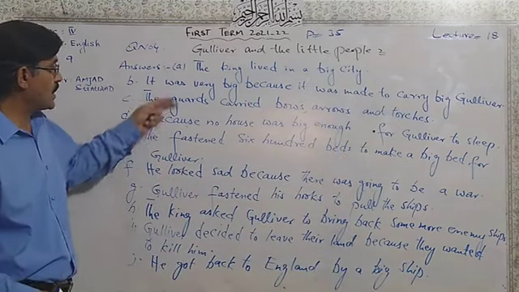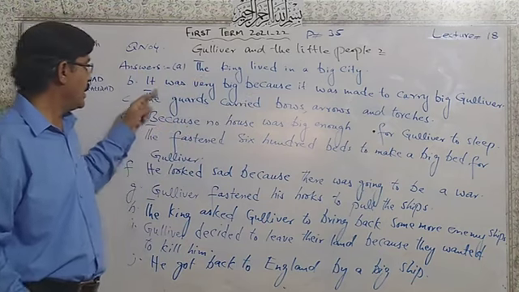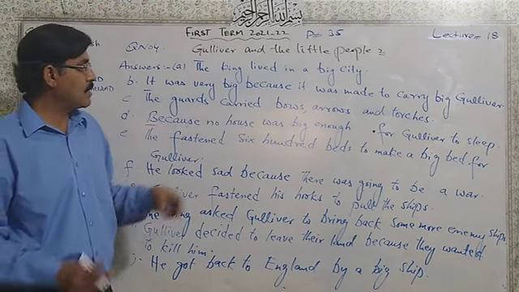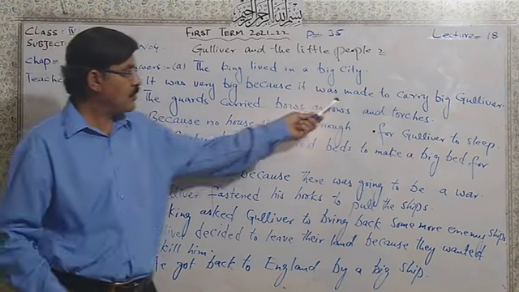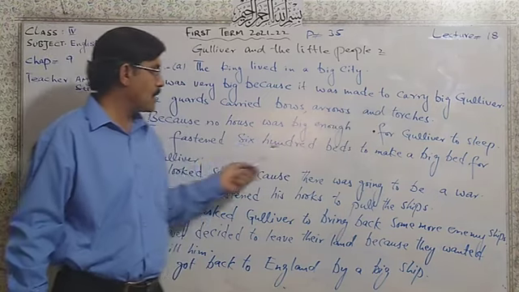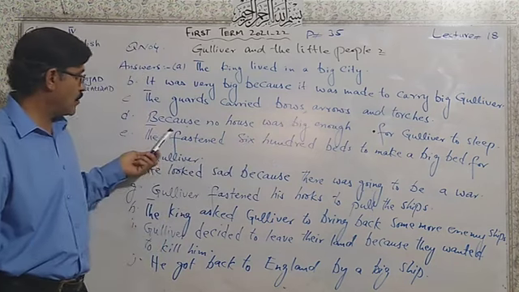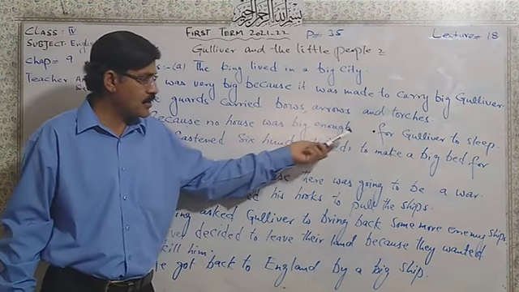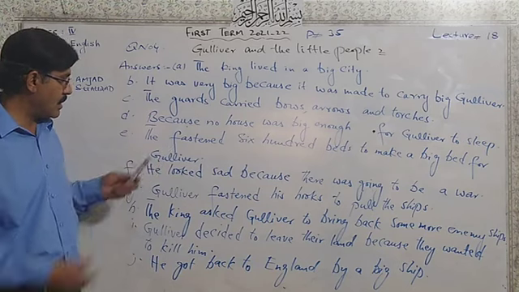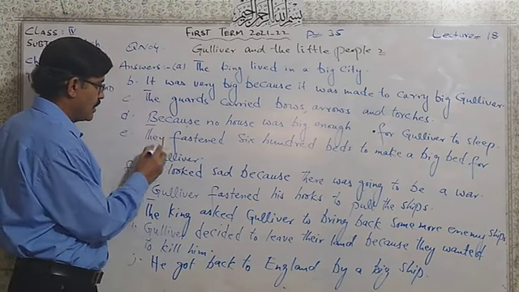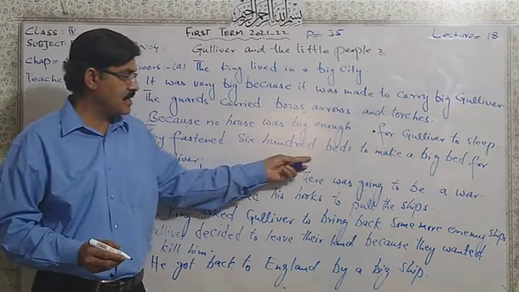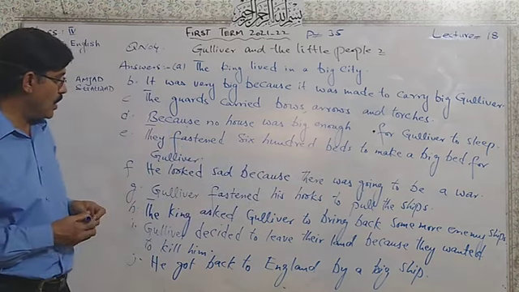Okay, dear students, read that one again. The king lived in a big city. It was very big because it was made to carry big Gullivers. The guards carried bows, arrows, and torches because no house was big enough for Gullivers to sleep. They fastened 600 beds to make a big bed for Gulliver.